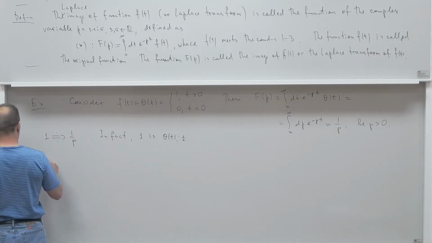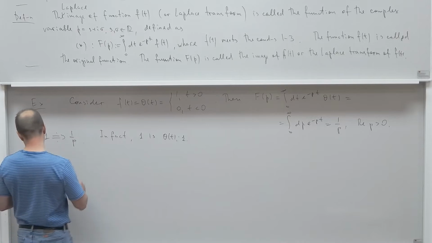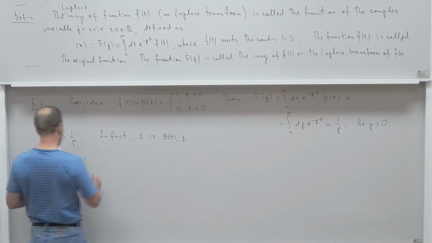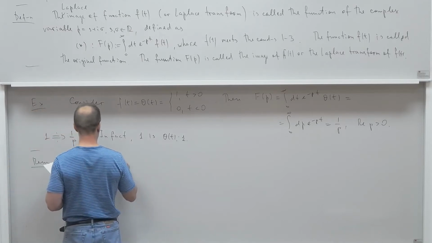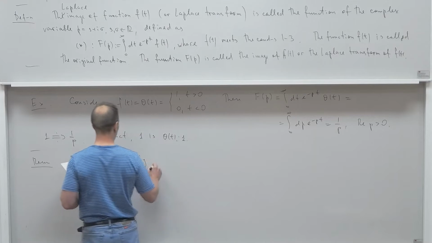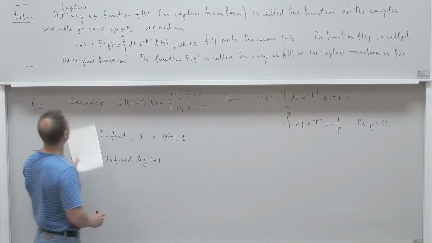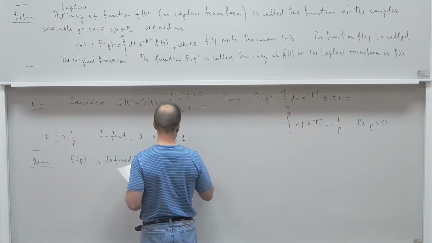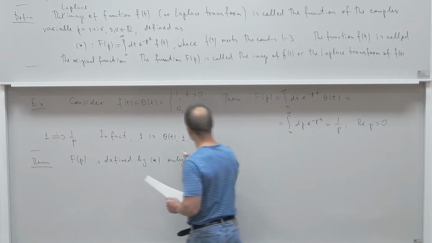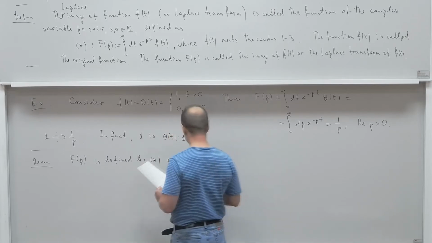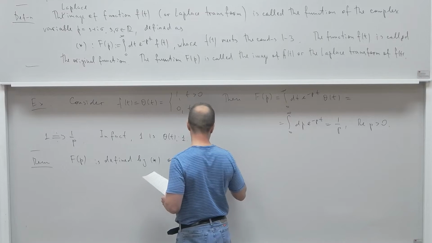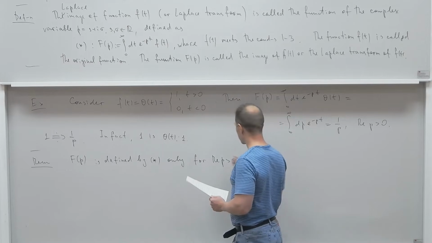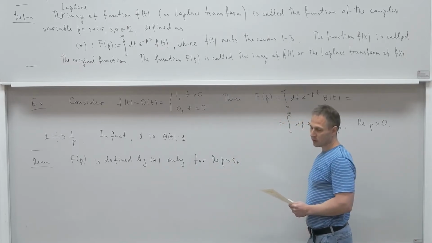Okay, remark. The Laplace transform f large of p is defined by the formula star, which is written here, only in the half plane where the real part of p is greater than s0, where s0 is the growth index of the function f small of t.